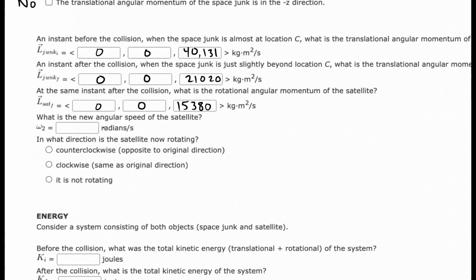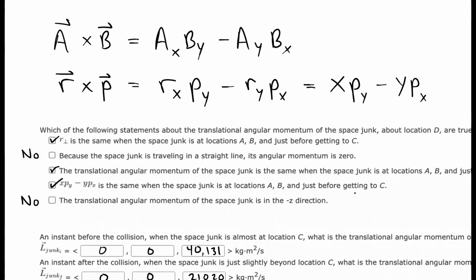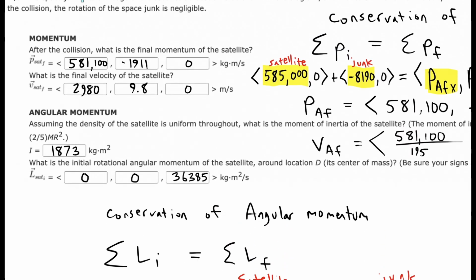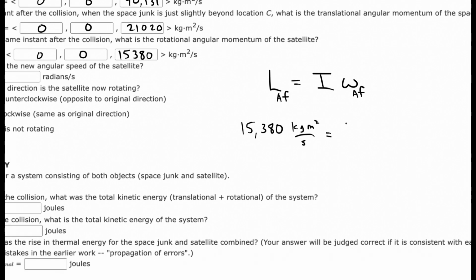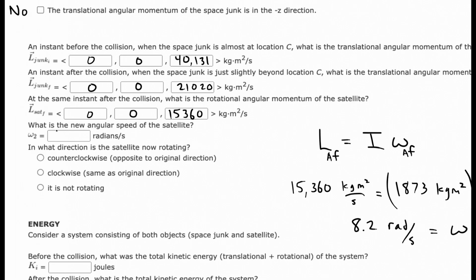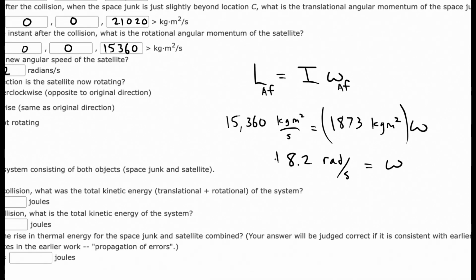Now the question asks for the new angular speed of this satellite. I'll use the formula L equals I omega, and we'll apply this to the final quantities for the satellite. I'll use his moment of inertia from earlier of 1873 kilogram meters squared. So I get 8.2 radians per second for the final speed, and this is a positive value.